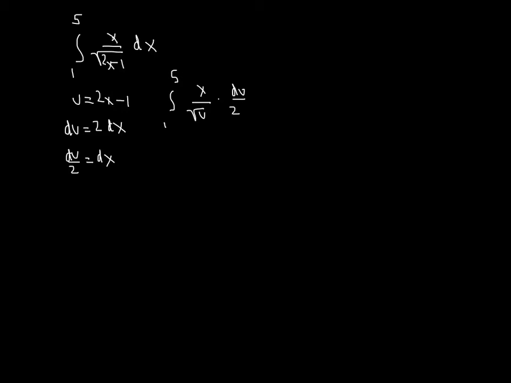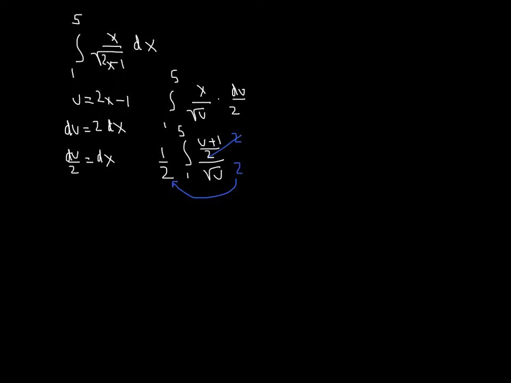Now we are going to pull the 1/2 out front, rewrite our integral, and replace x with that same thing that we did before, which is u plus 1 over 2 divided by the square root of u. If I multiply the top and bottom here by 2, the 2's cancel, and this 2 will combine with that 2 out there and make 1/4.